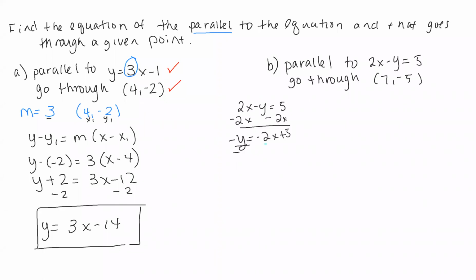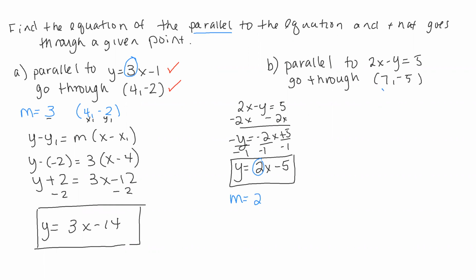So really, I'm just going to divide every single term by -1. That's the easiest way to get everything nice and simplified. So what I have here is y equals 2x minus 5. So what's the slope? Well, the slope is 2. So since I want to be parallel to this equation, I want to use the slope of 2.